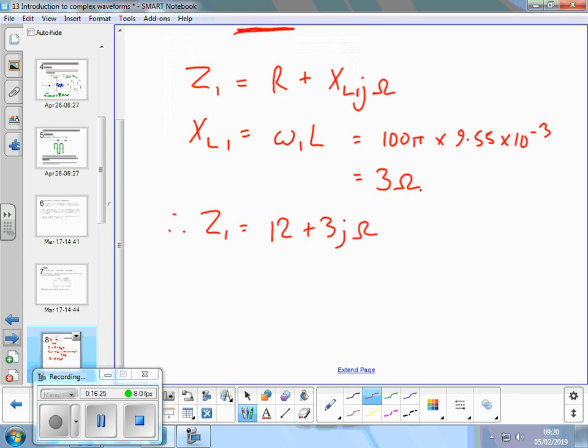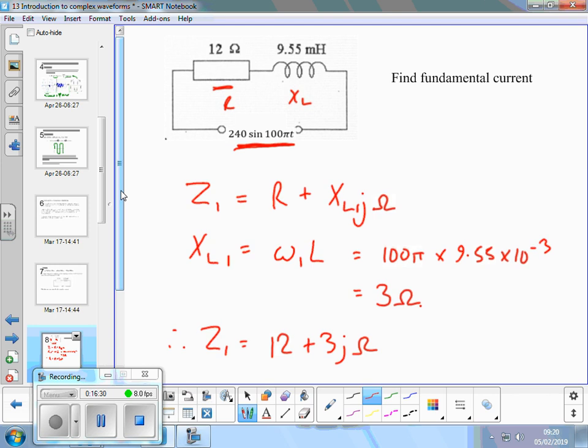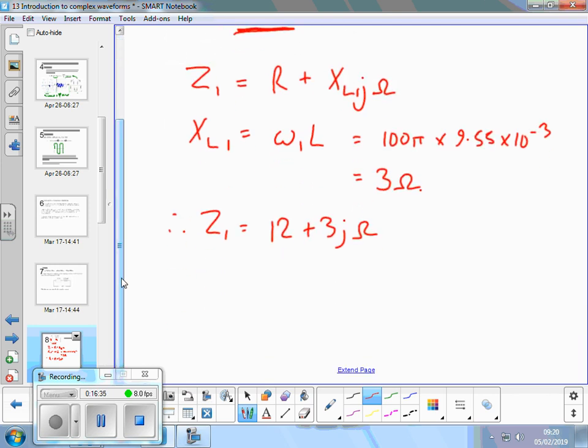Now, as we're going to use that in Ohm's law with the voltage to find the current, what would it be best to do with that? Yeah, convert it to polar form. Calculator in, please. Radians.